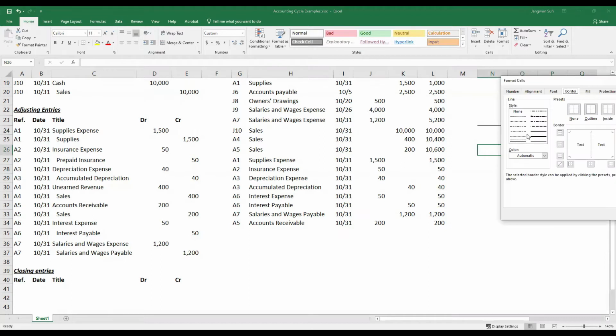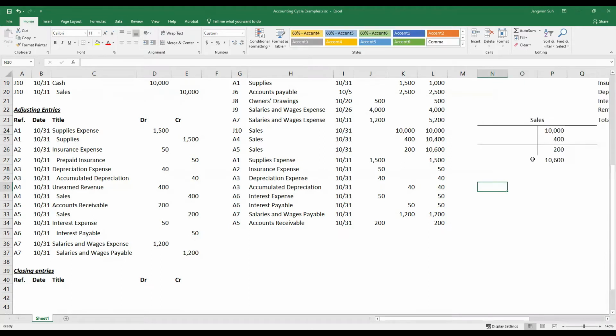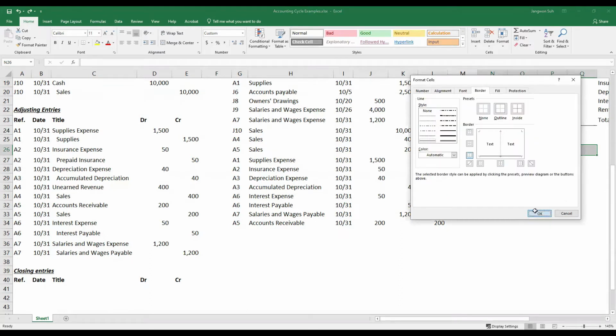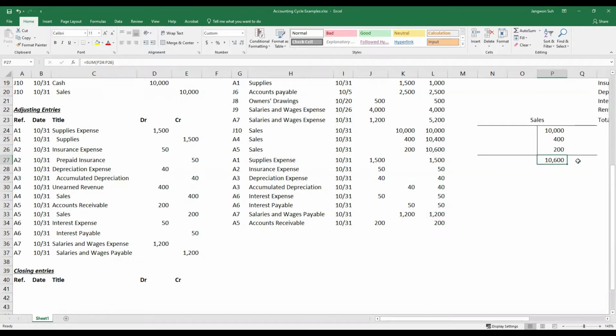Then, if you want to make this ending balance zero, when this ending balance is the sum of these numbers minus the sum of these numbers, right?